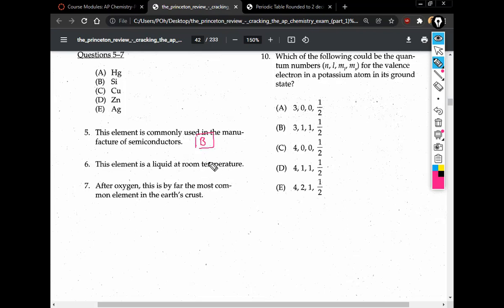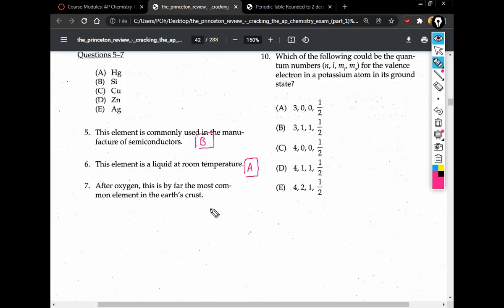Number 6. This element is liquid at room temperature. Yeah, mercury. Good, I actually mentioned this. And then after oxygen, this is the most common element in Earth's crust.